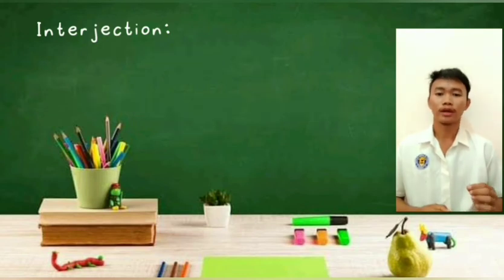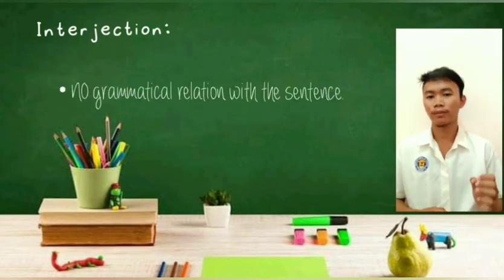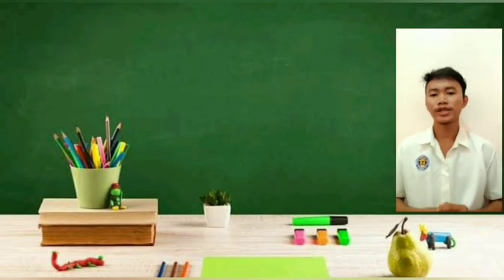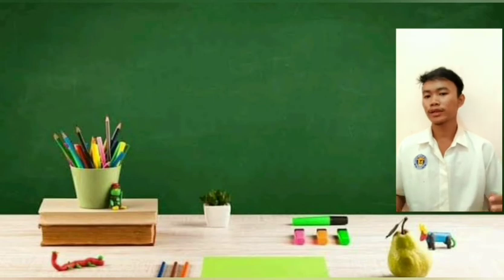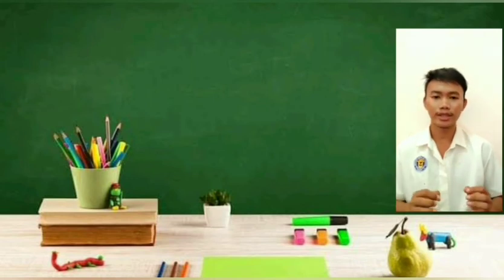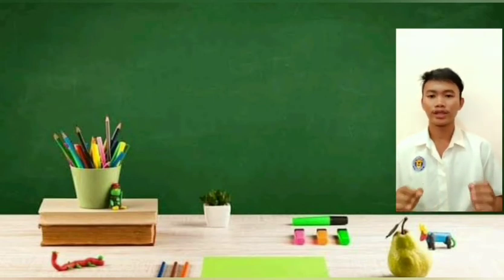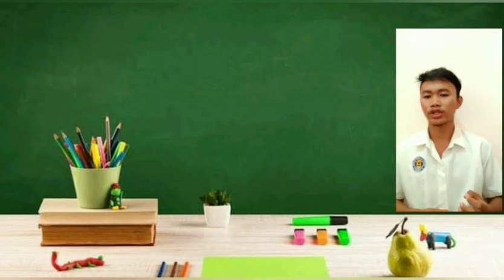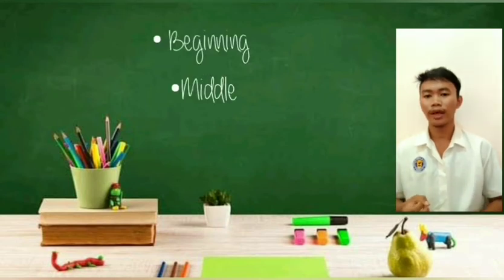But an interjection has no grammatical relationship with the sentence. It means that with or without the interjection, a sentence can still stand alone. And these interjections can also be seen at the beginning, middle, and ending of a sentence.